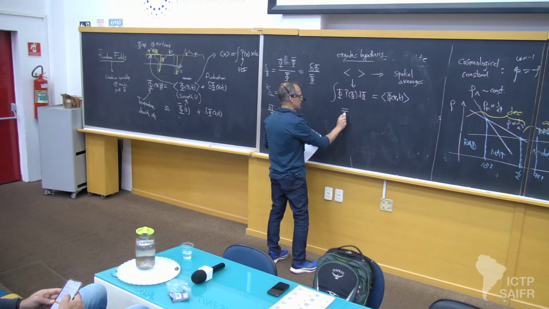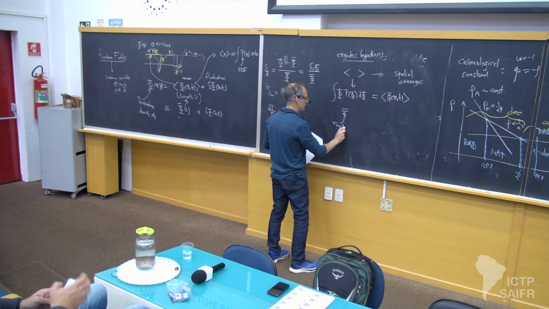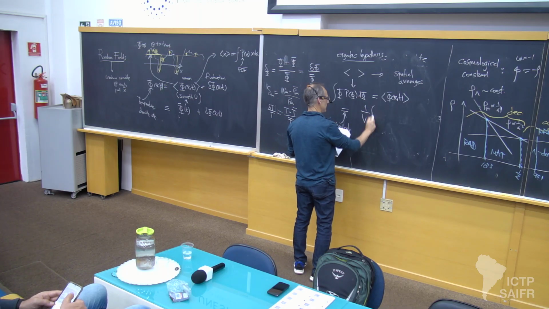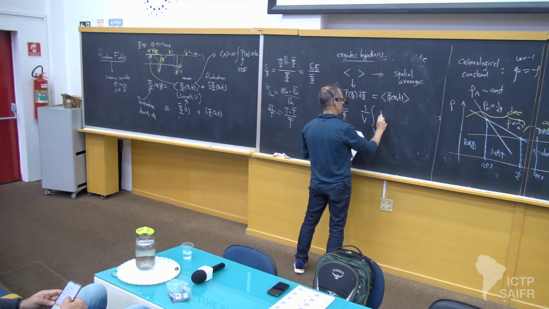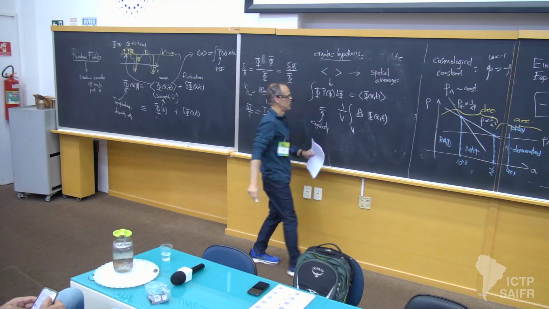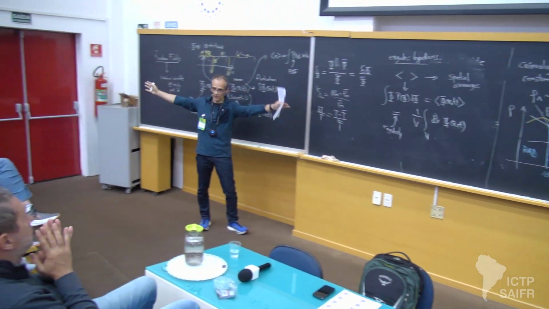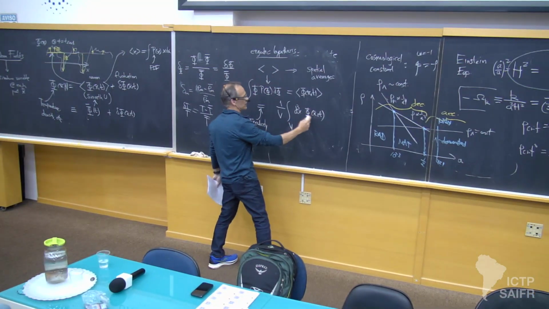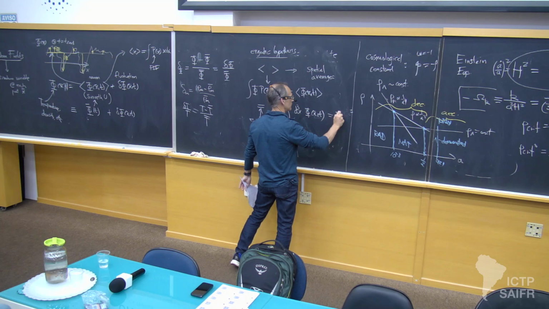We say, because of ergodicity, this is the same as averaging over space, over some very, very large volume, the universe's volume. And this, of course, you can see will be only a function of time.